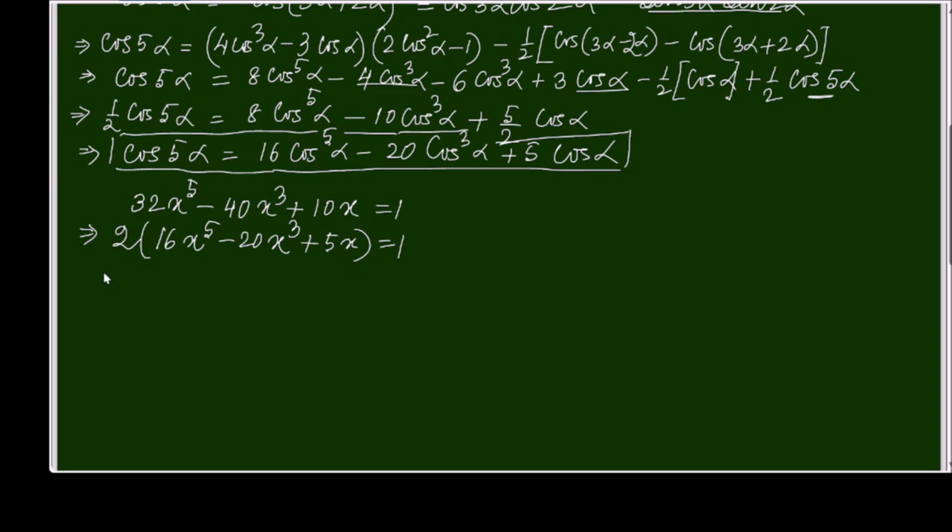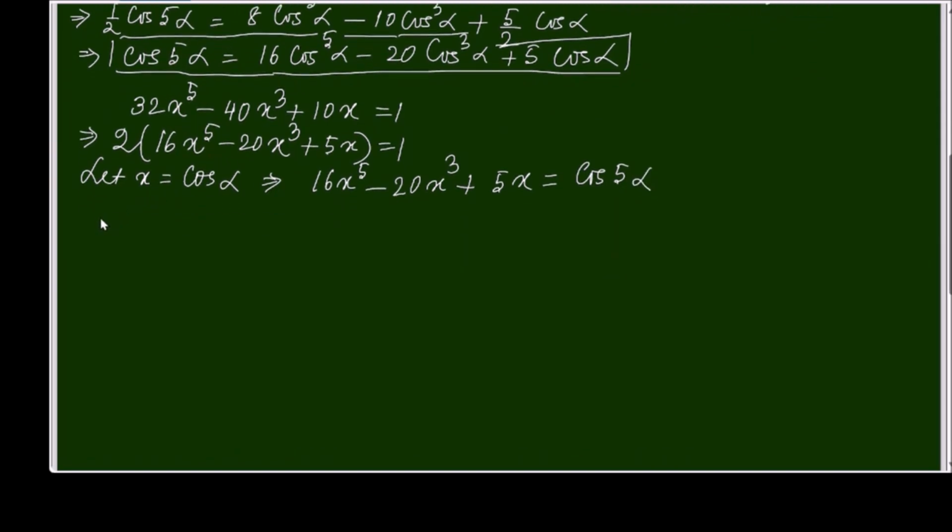So now I'll let x equal cos alpha, then 16 x to the power 5 minus 20 x cube plus 5x equals cos 5 alpha. So what are we getting now?